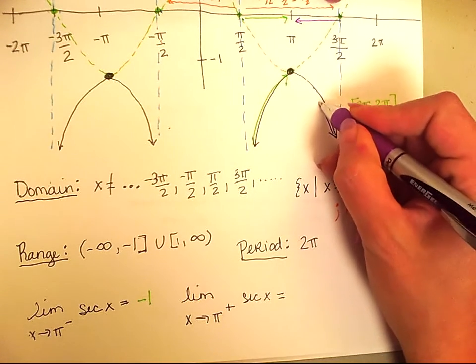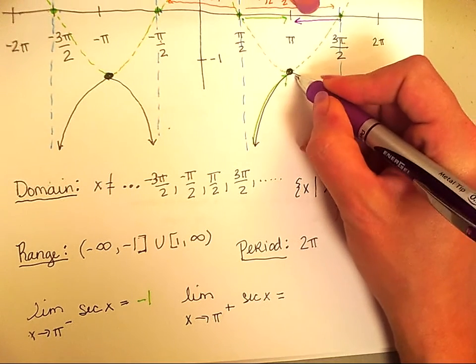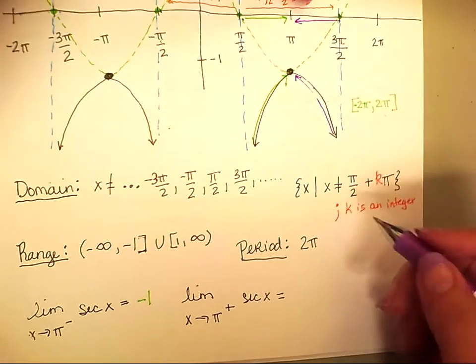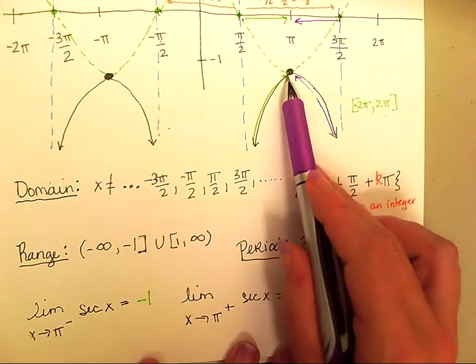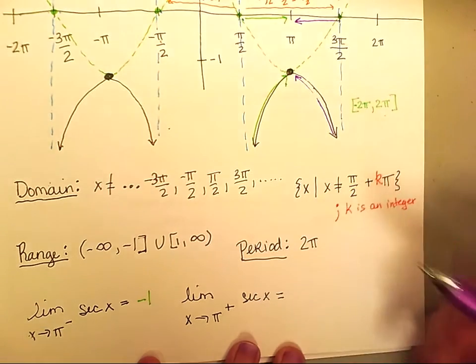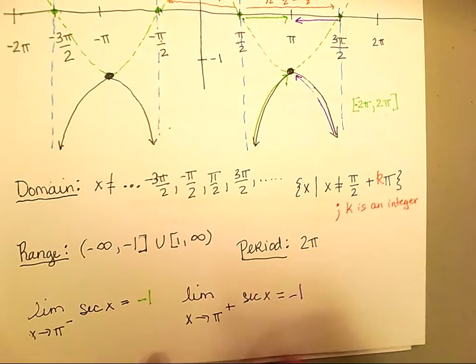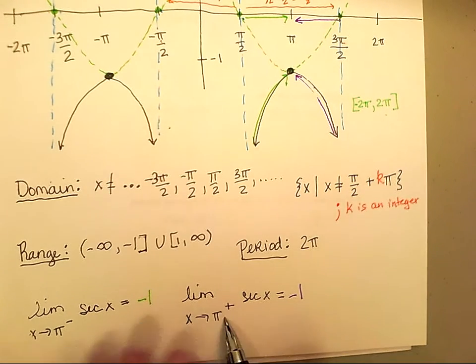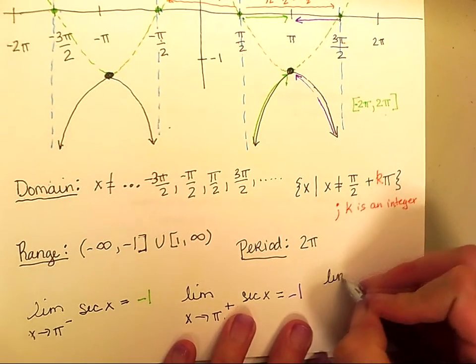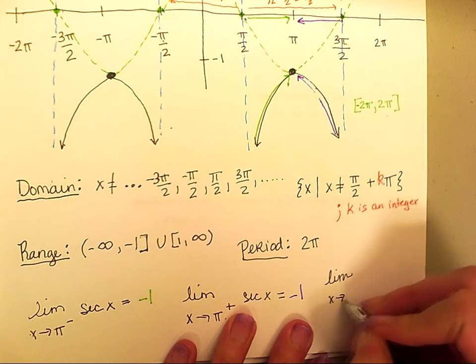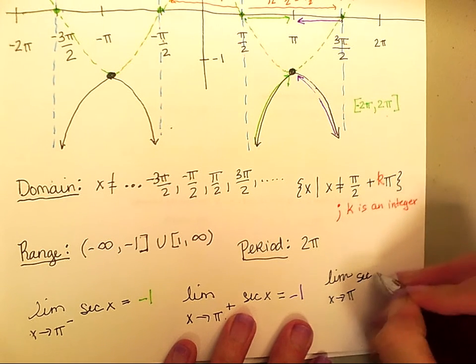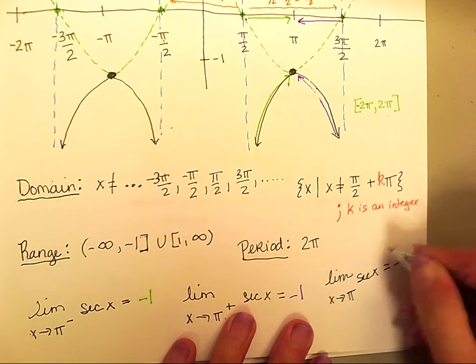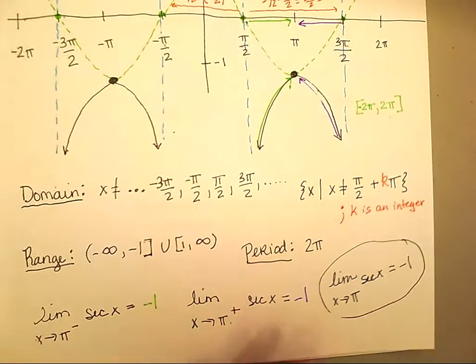As I do that, the function values are negative, but they're decreasing until this point of -1. So again, we have the scenario where the left and right-hand limits agree, so we could then say that the limit as x approaches pi of the secant is equal to -1. That is, the left and right-hand limits agree.